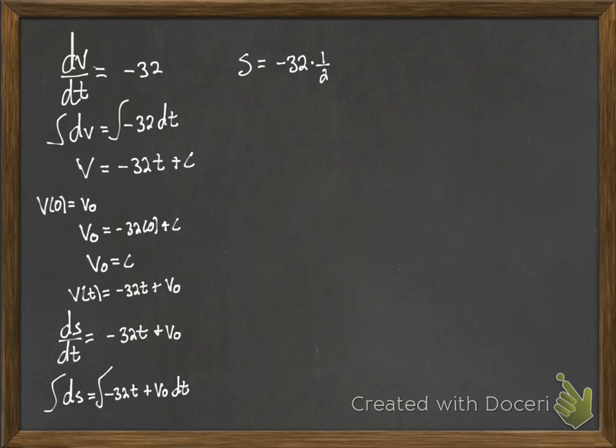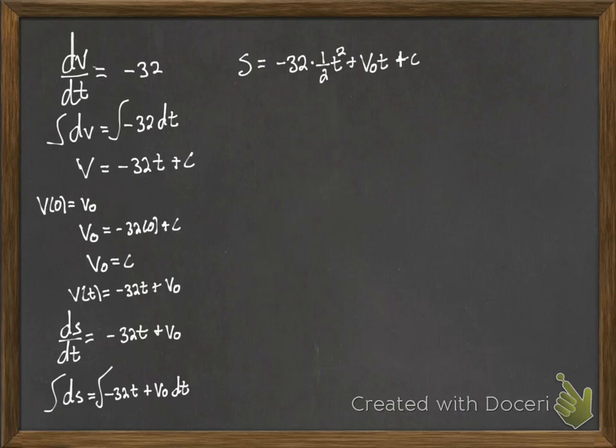That'll be negative 32, and then the integral of t would add 1, which will make it a 2, so we have to divide by it. So we get t squared over 2. v0 is just a constant like 5, so if it was 5 there, it would be 5t, so it's going to be v0t. And then don't forget the constant of integration, plus C. So now you can simplify that, and that would be a general solution for the position.